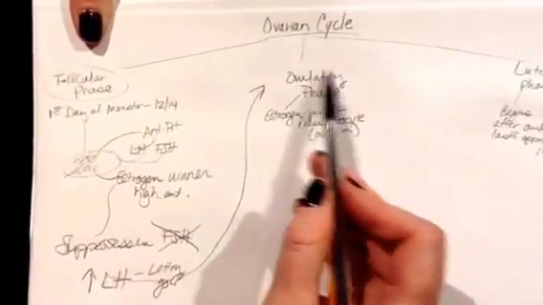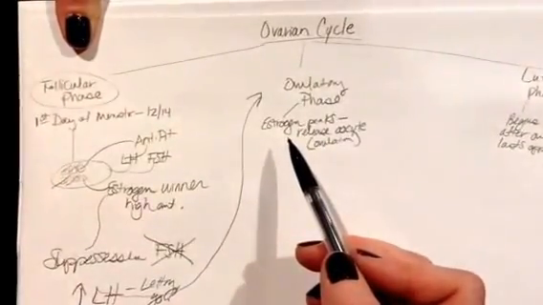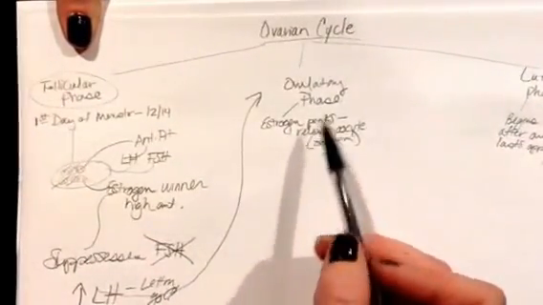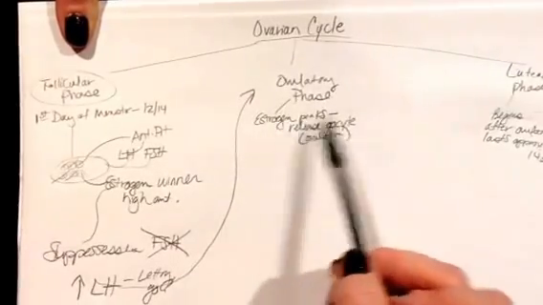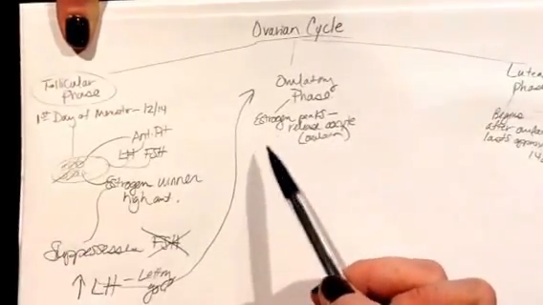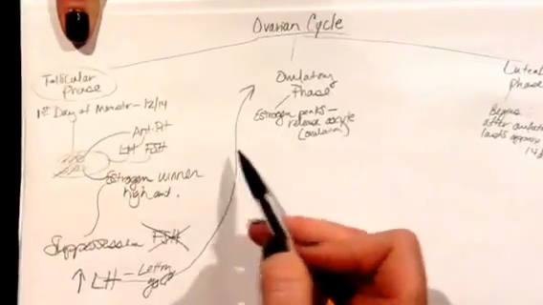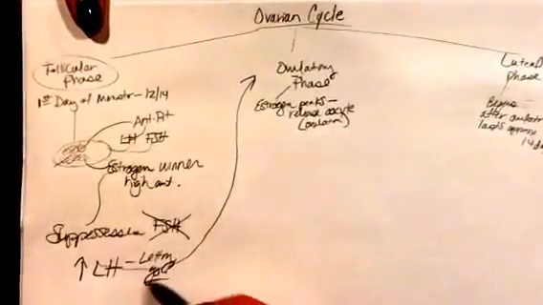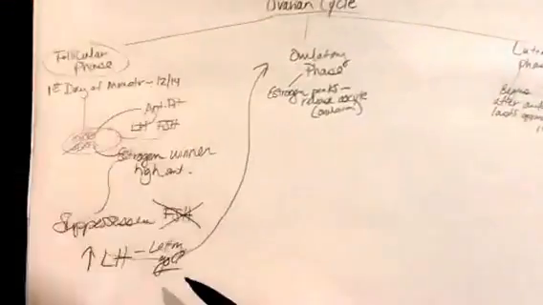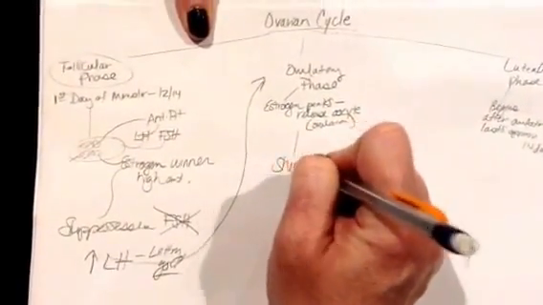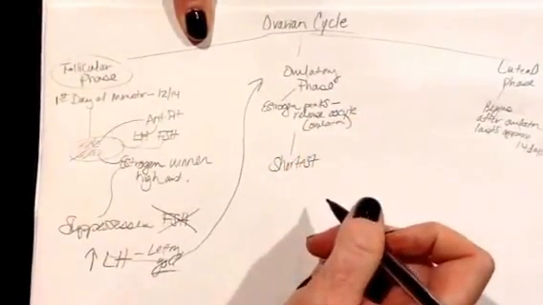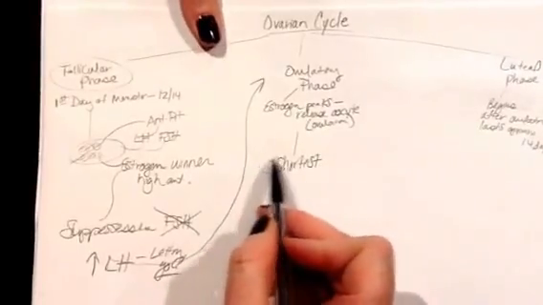And here we are again. So now we're going to start the ovulatory phase. It begins when estrogen peaks. The winner is identified at this point, and we're now going to begin the process of letting go. This is the shortest phase of the cycle. Only lasts a couple days.